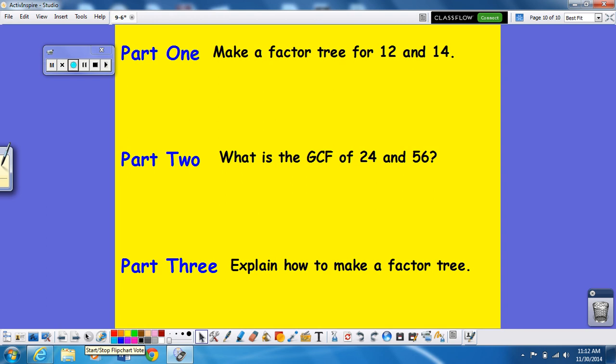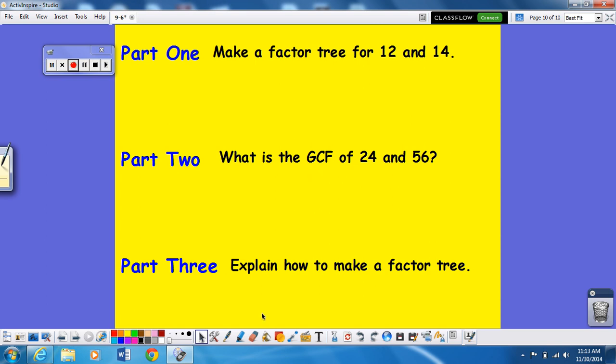I'm going to give you two choices. You can either do the list of factors for 24 and 56, or you can do a factor tree. Whichever one you like the best, you're still going to be able to come up with the greatest common factor. So your choice what you do on part 2, but I would like for your final answer to show me what is the greatest common factor of 24 and 56.